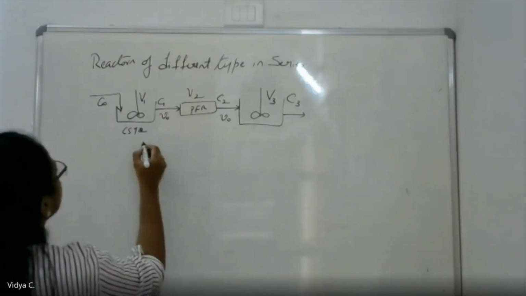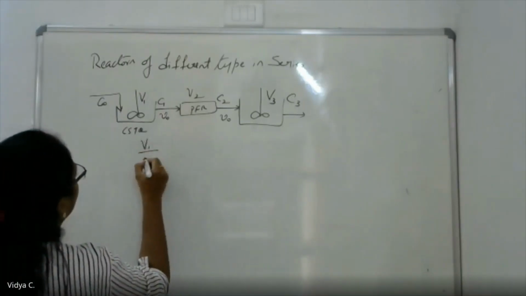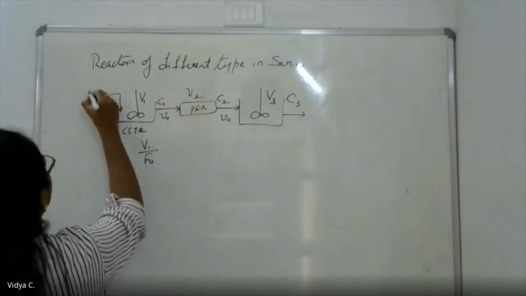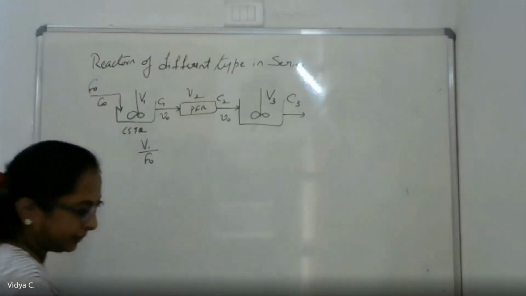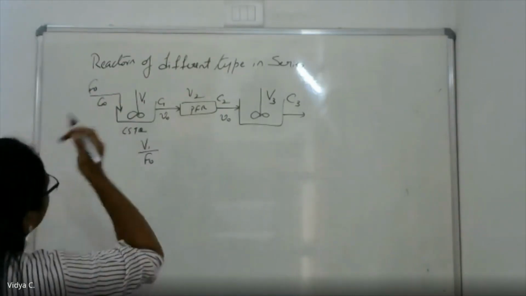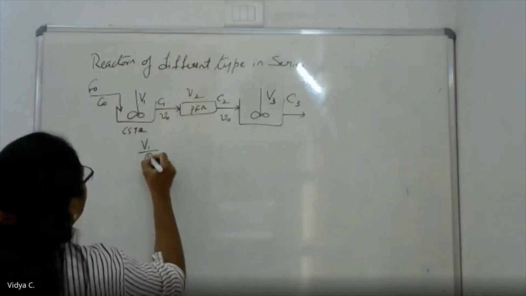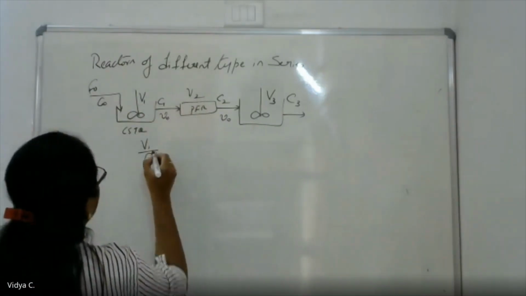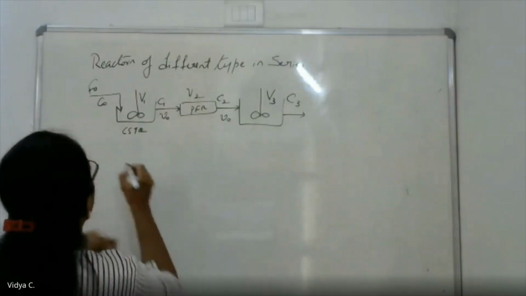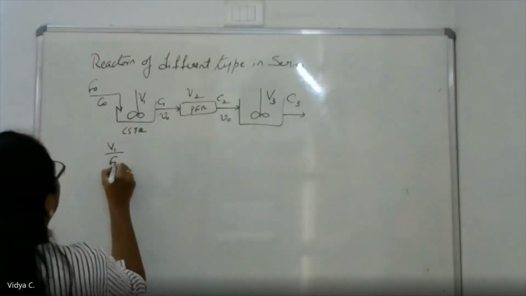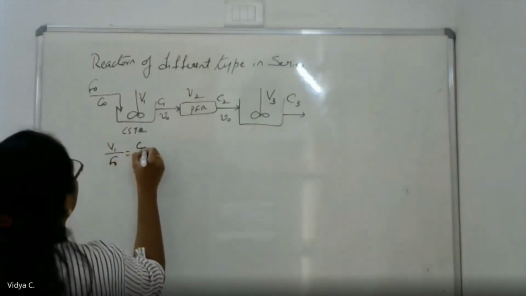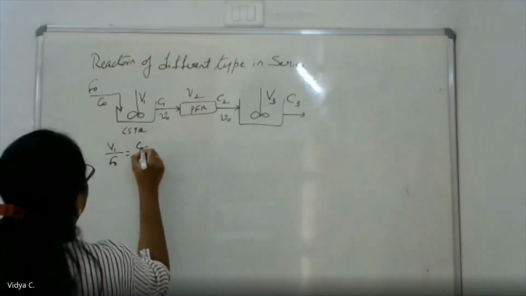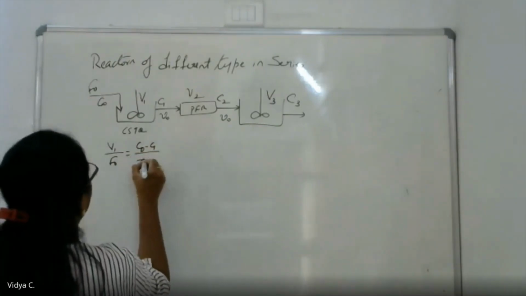So for the first CSTR, if I write, it is V1 by F0. F0 or FA0, I've taken that as F0 only. This F0 is the same. V1 by F0 is equal to C1 minus C0 by minus R1.